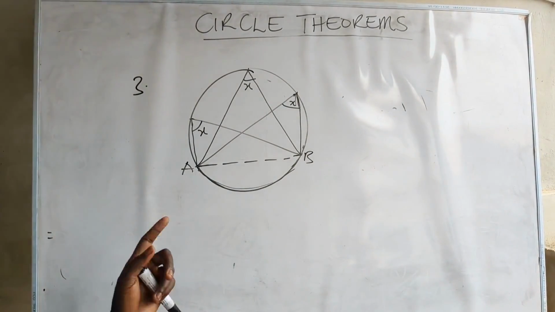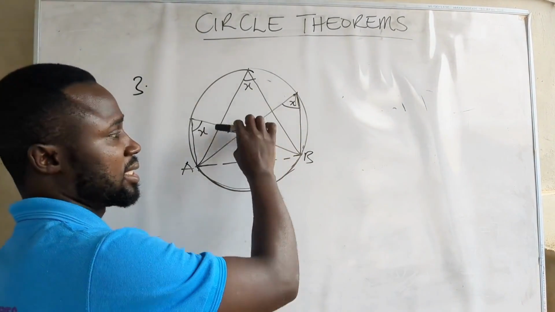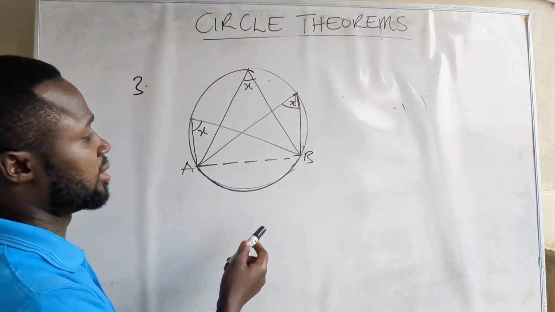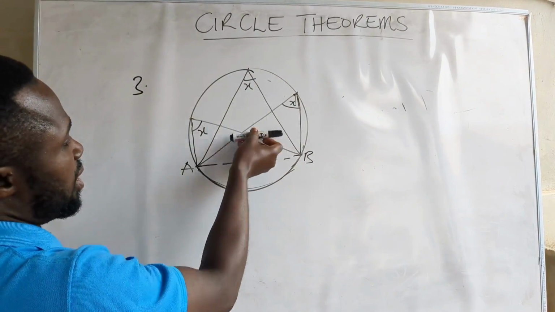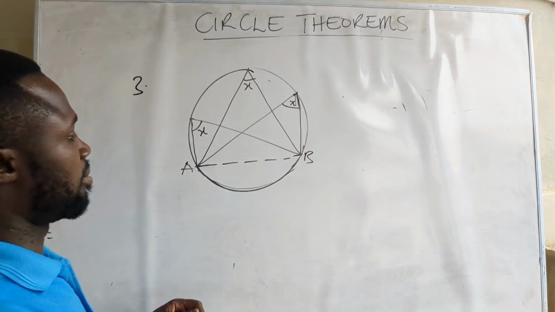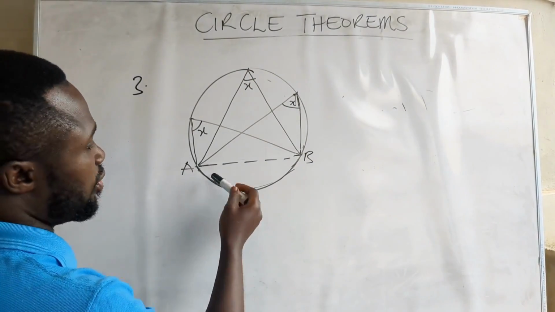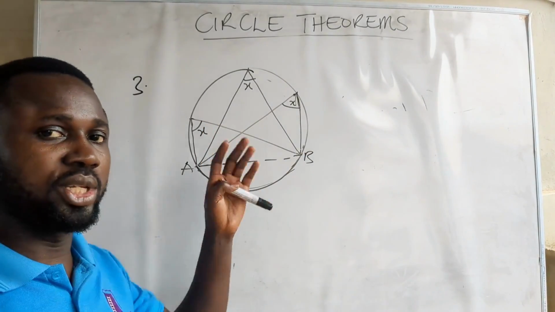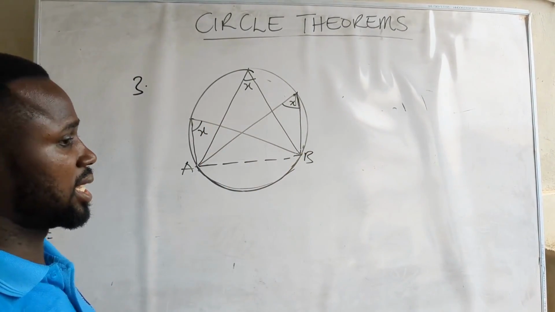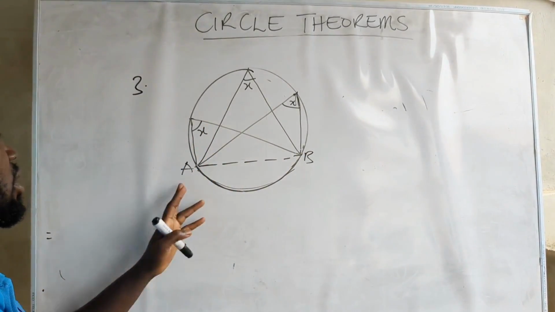But here please take note, it should be in the same segment. I believe you understand segment. This is a chord, so this is one segment, this is another segment, the major one and the minor one. But not the opposite segment. So if I bring an angle at the circumference here, it won't be equal to this one. They should be in the same what? In the same segment. That is what we are talking about.